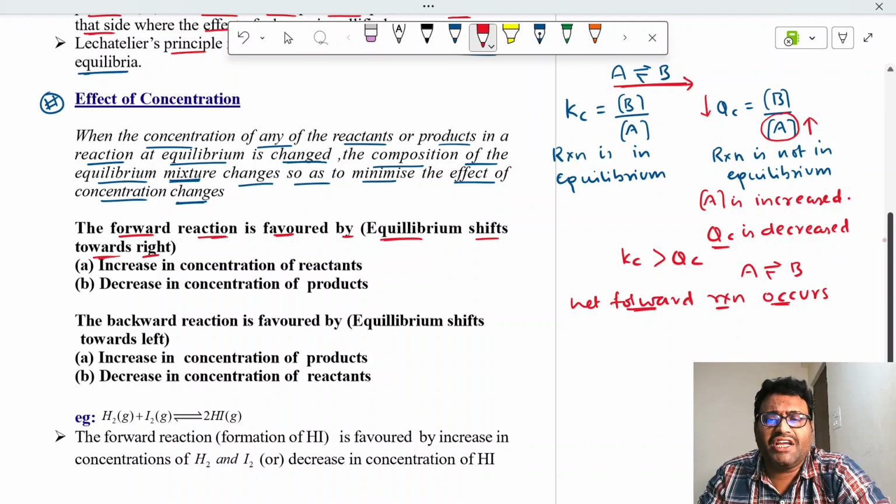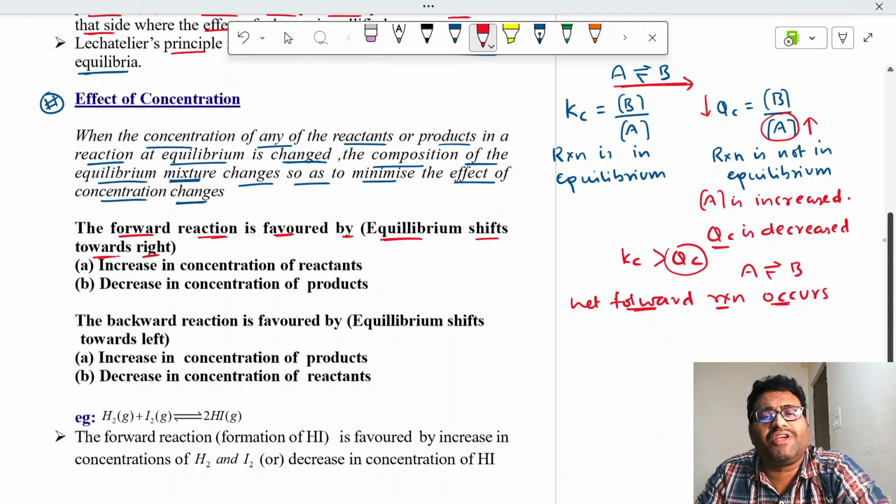So here Qc is less. That means the concentration of B is less than A, since you are increasing the concentration of A. So the concentration of B must increase. Why? Because Qc must be equal to Kc.